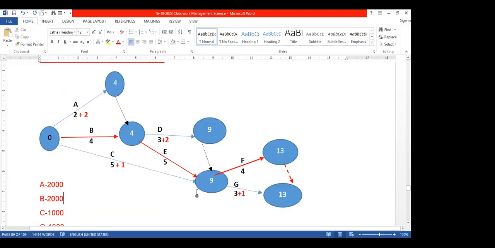So the crash duration is the minimum duration.